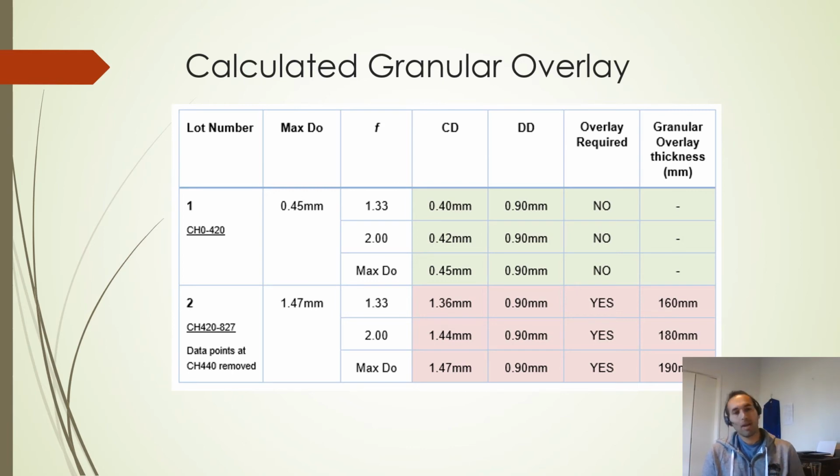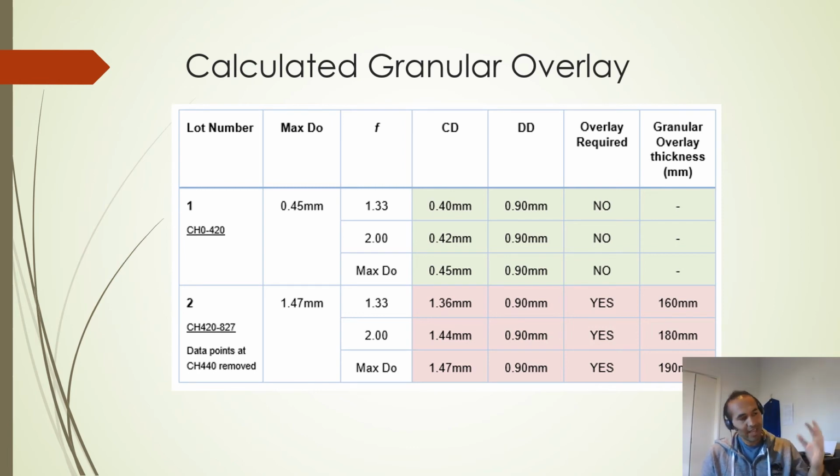Now we go back to our table and look at it: when we use a certain F, we get a certain characteristic deflection. 1.33 is Austroads Part 5 2019. 2 is based on it being greater than 2,000 vehicles a day, which we're assuming, and it very well might be. And max D0 is used because we don't have those 30 points within a data set.